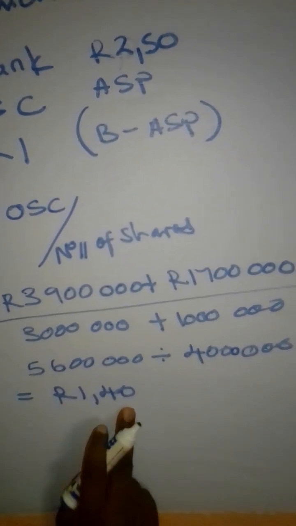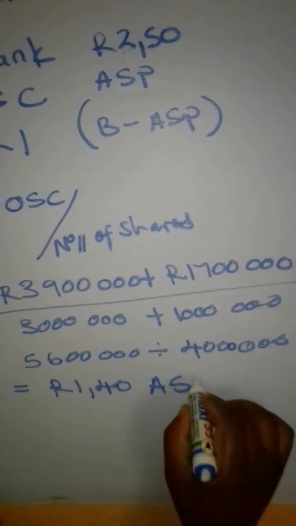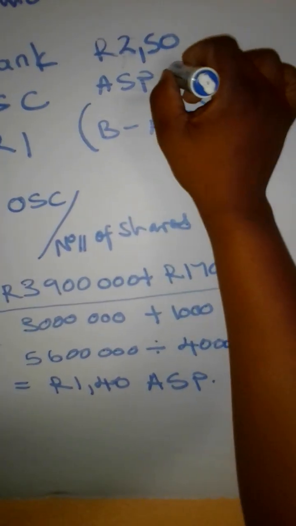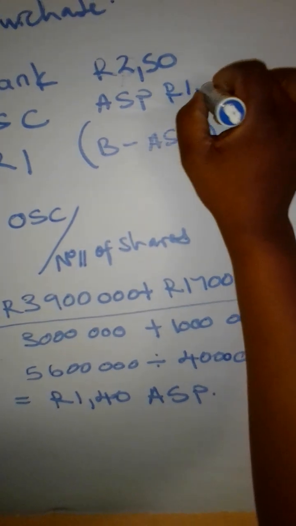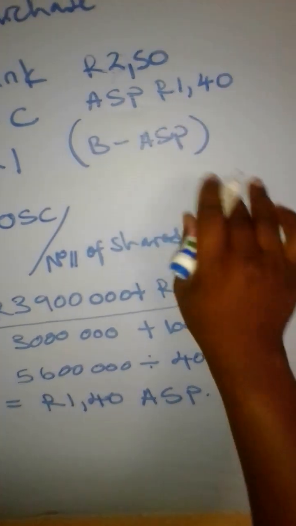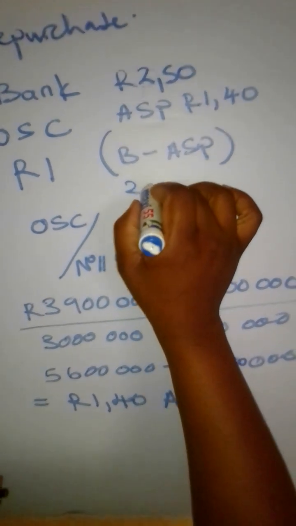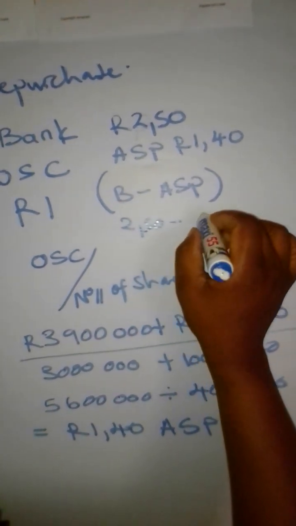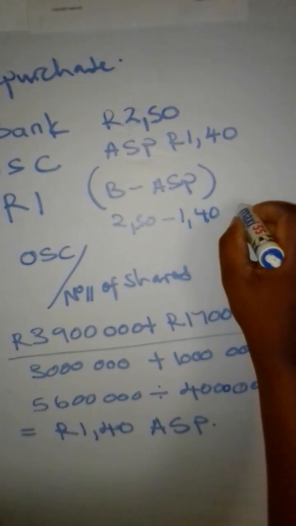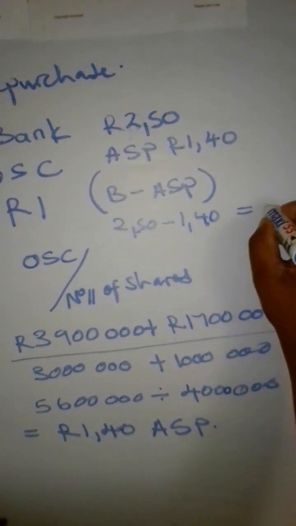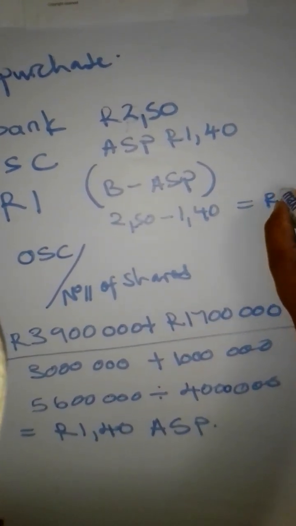So R1.40 is indicating our average share price. We can safely write here R1.40. So how much is our retained income? We are going to say R2.50 minus R1.40, which will give us R1.10.